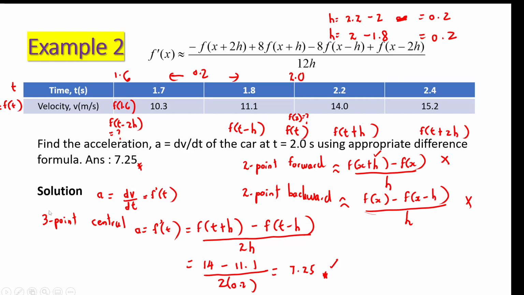So the only available formula is the 3-point central.